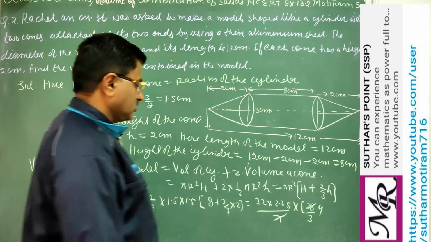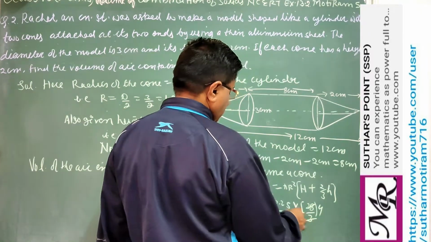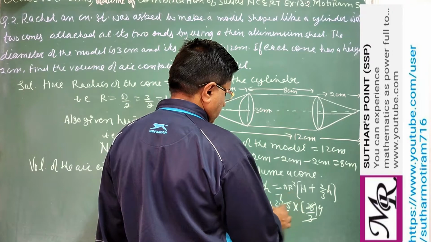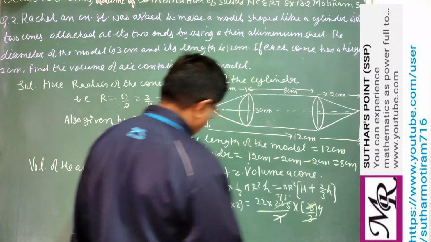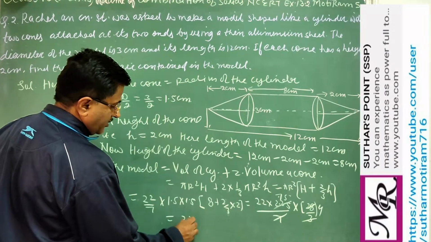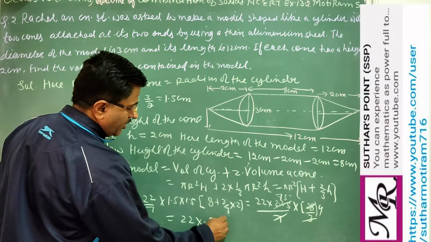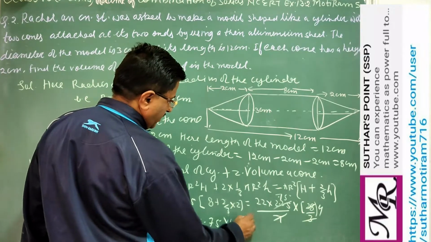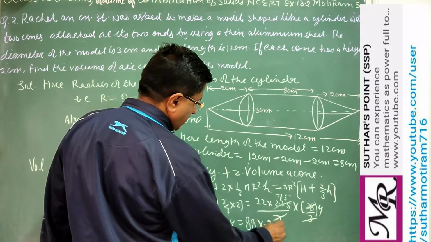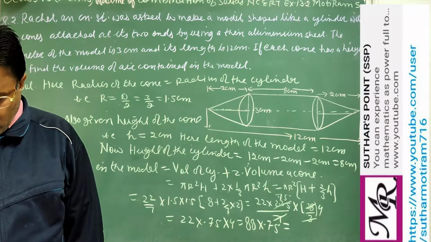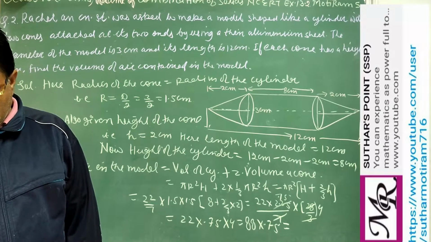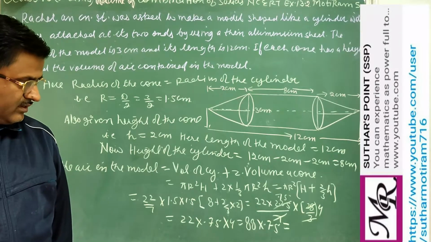Clear? So finally what we get, 22 into 0.75 into 4, or 88 into 0.75. So if you multiply 88 into this, that gives you 66.